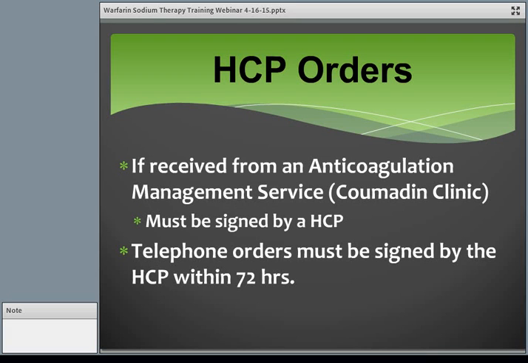As with all HCP orders, any orders received from an anticoagulant management service or Coumadin clinic must be signed by the HCP to be valid.